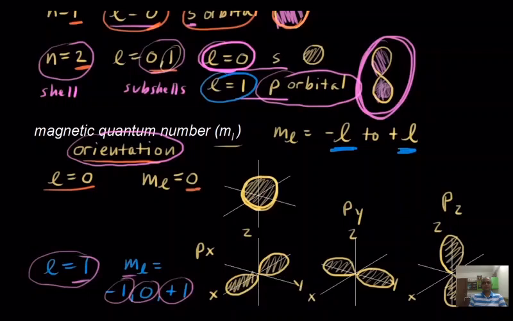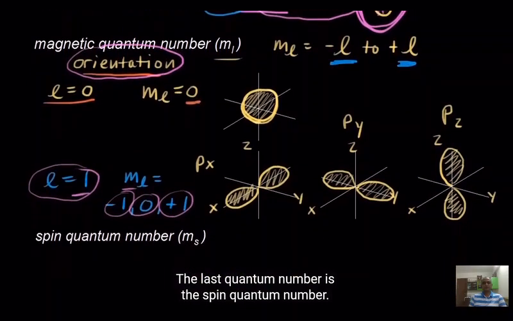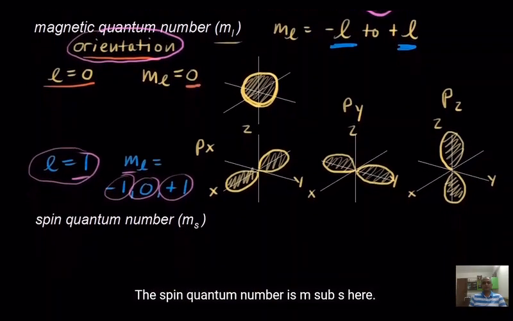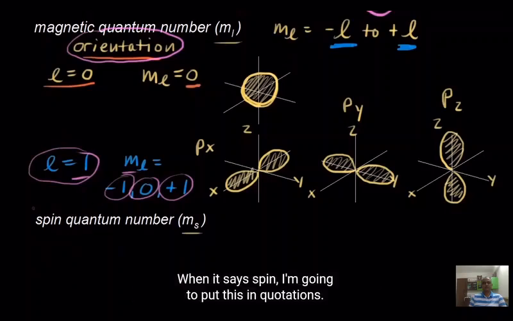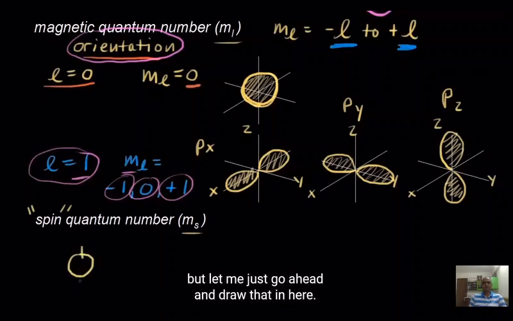All right, let's go to the last quantum number. So the last quantum number is the spin quantum number, m sub s here. And so when it says spin, I'm going to put this in quotations, like this seems to imply that an electron is spinning on an axis. So that's not really what's happening, but let me just go ahead and draw that in here.